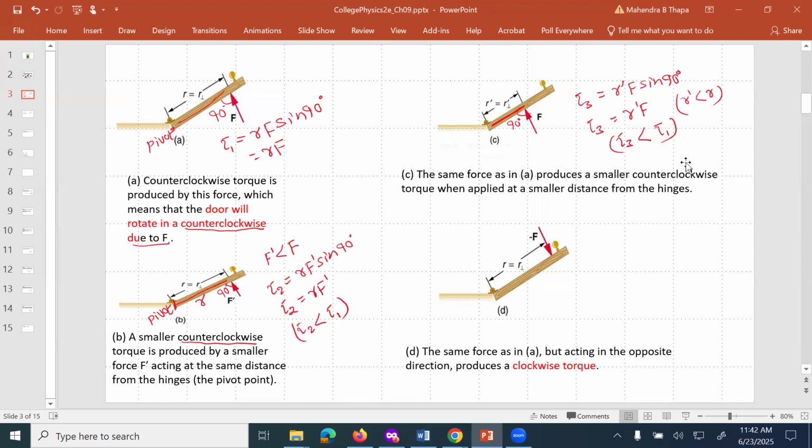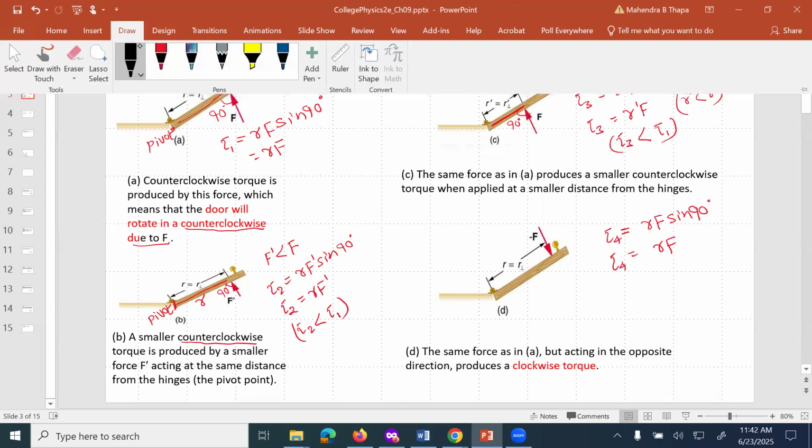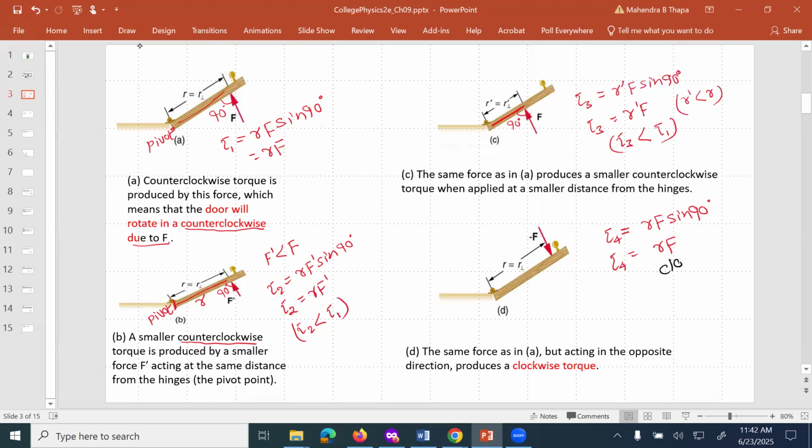In example D, torque will be R times F because we are writing just the magnitude, sine 90. That gives us R times F. So tau 4 is equal to R times F, but this time this torque is clockwise.